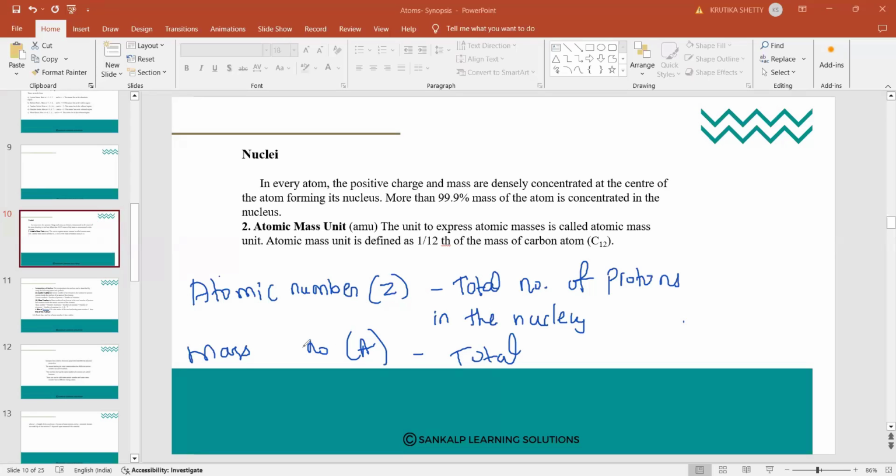That is the mass number, denoted by A. So atomic number, mass number. Any doubt in all these definitions? So we have defined the nucleus, nucleons, the constituents of the atom, then atomic number and mass number.